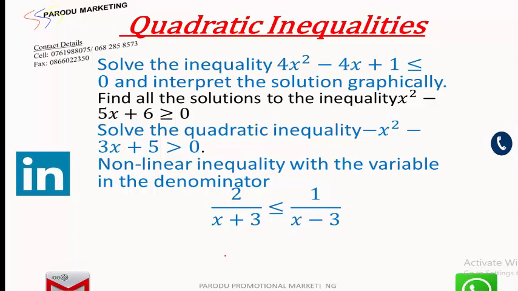Find all the solutions to the inequality x squared minus 5x plus 6 greater than or equal to 0. And also solve the quadratic inequality negative x squared minus 3x plus 5 is greater than 0. And then look at a nonlinear inequality with the variable in the denominator, right? So these are your questions.